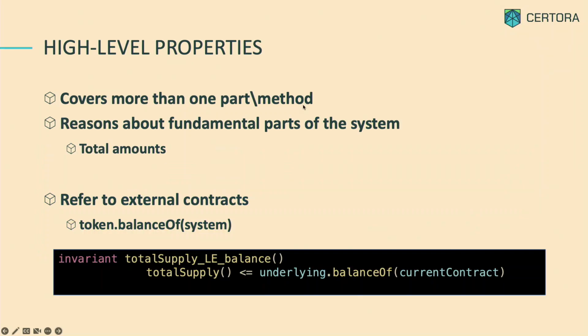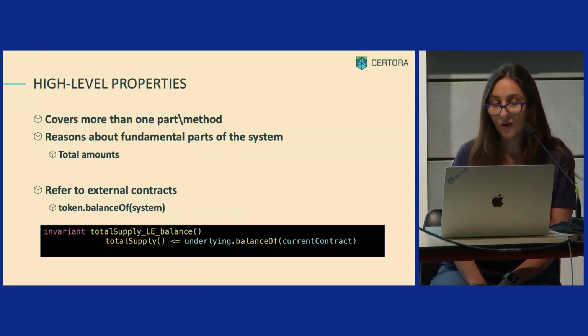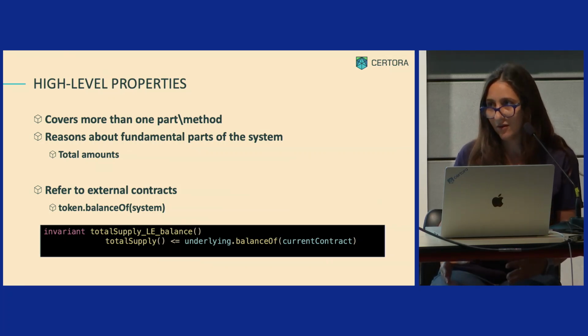The next set of properties are what we call high-level properties. They usually cover more than one part of the method. They can reason about fundamental parts of the system, like the total amounts and the total shares, which are things we can easily write in our language.